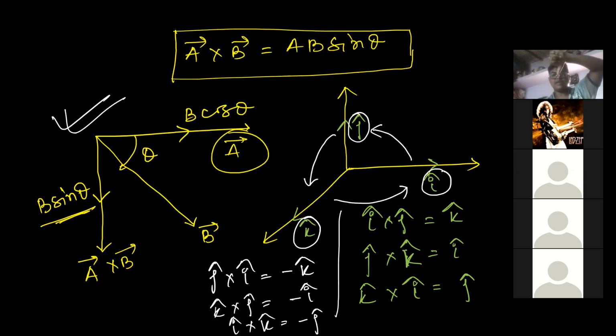So obviously I am getting the cross product in the downward direction. So this is the basic fundamental thing of cross product. In the cross product, remember, we are only considering the perpendicular component. That's why in the formula I have written A cross B equals AB sine theta. Sine theta is the perpendicular component.